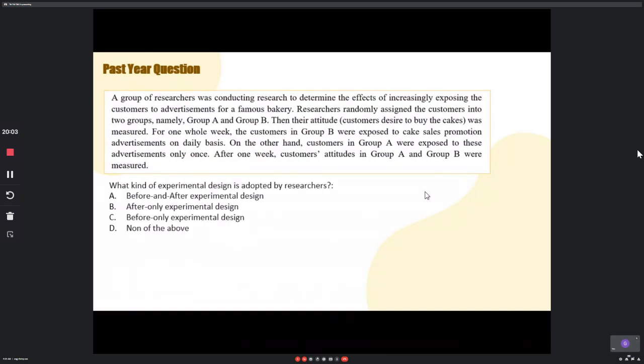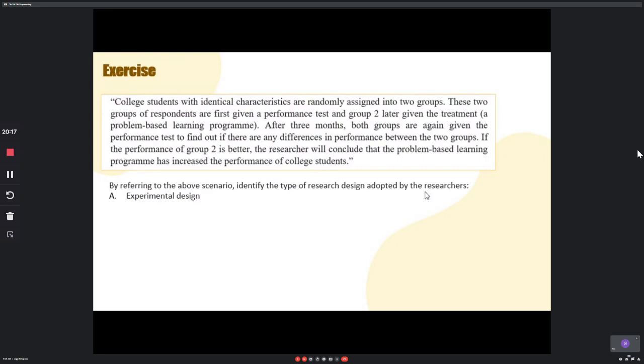A group of researchers was conducting research to determine effects of increasingly exposing. Can I ask something? Yes. For the previous question, I guess the answer is A, but I want to know the reason why C is wrong. Quasi-experimental design. Okay, quasi-experimental design means you carry out a study, right? And then you carry out an experiment for these two groups of students, on these college students.